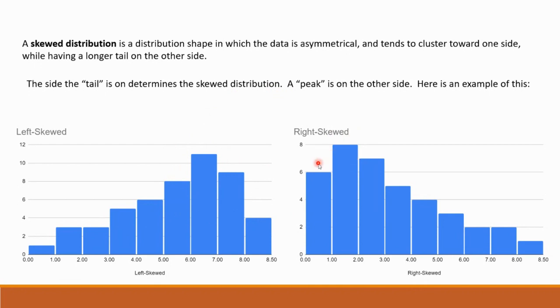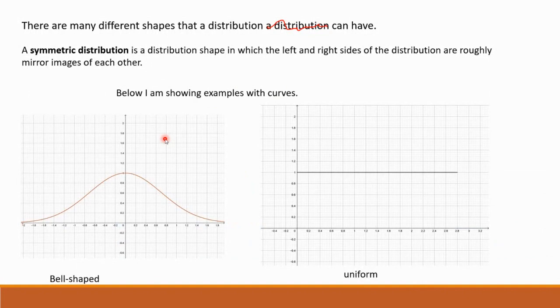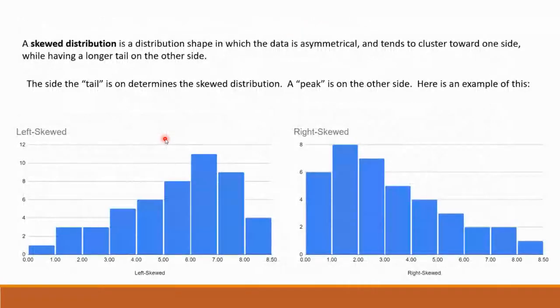Not sure if that's how it's formally defined, but intuitively that's what it is. The other side, you'll have sort of like a tail. So it's not symmetrical like this, where it's more evenly spread out, I guess. Here, the data is clustering towards one side. And on the other side, you have sort of a tail.